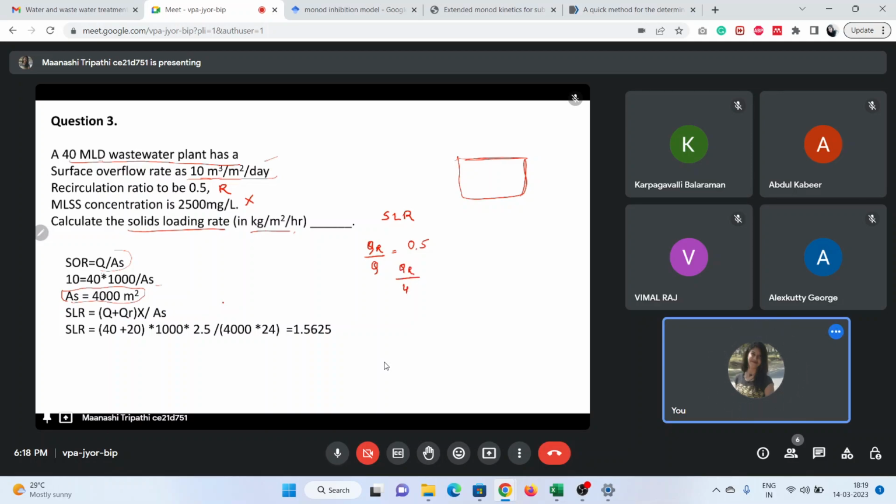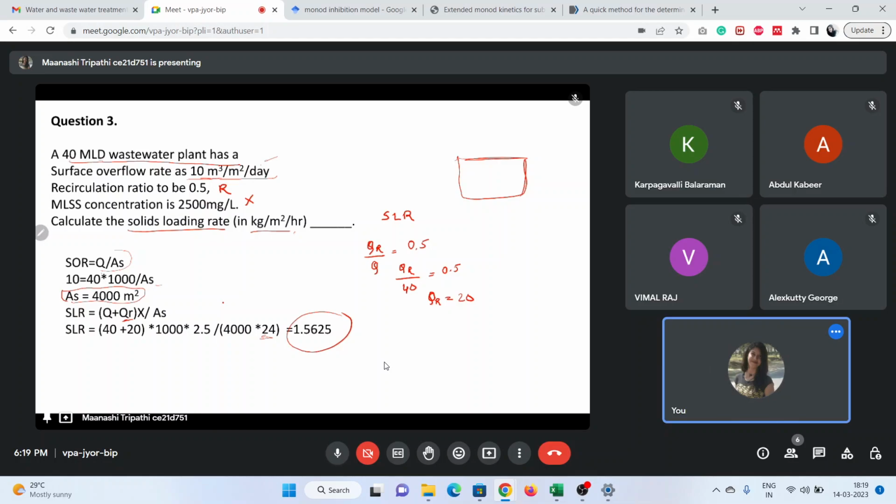Q is 40, so QR comes as 20. Okay. So (Q plus QR) into X, divided by AS, and taking care of the units to convert this to hours, multiplying by 24, this is what we got. This is in kg per meter square per hour.